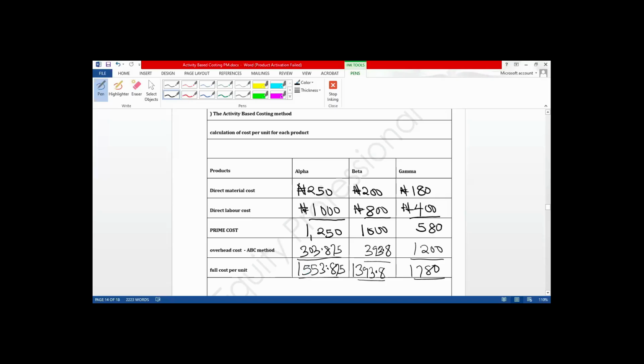You have gotten cost per unit of each product using activity-based costing.